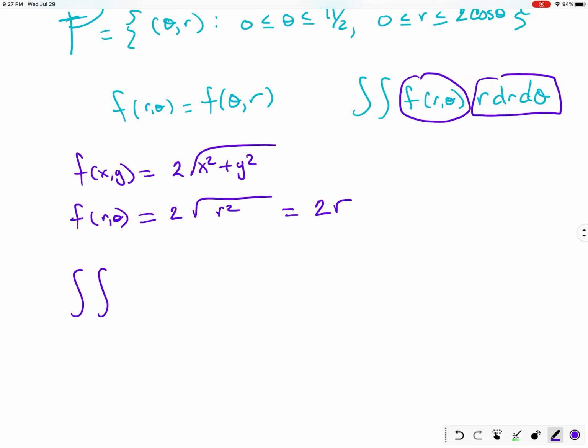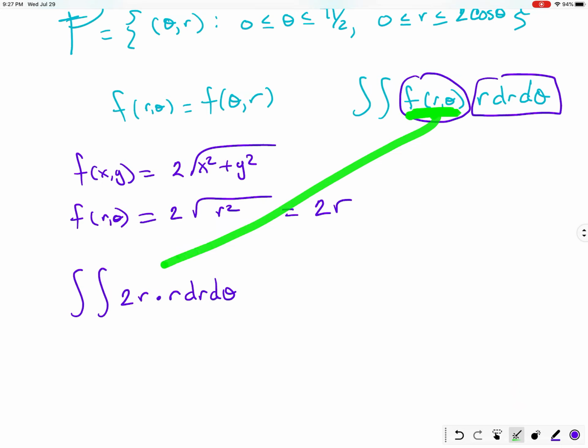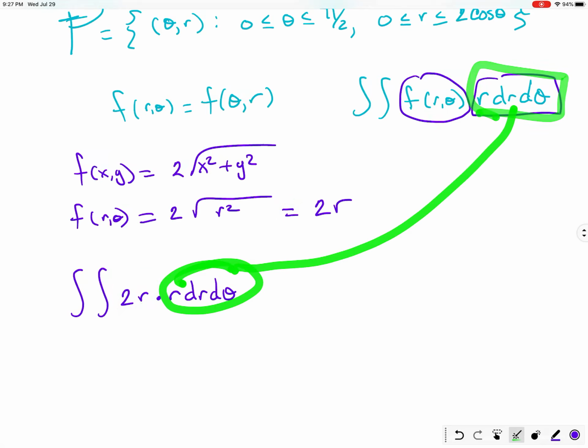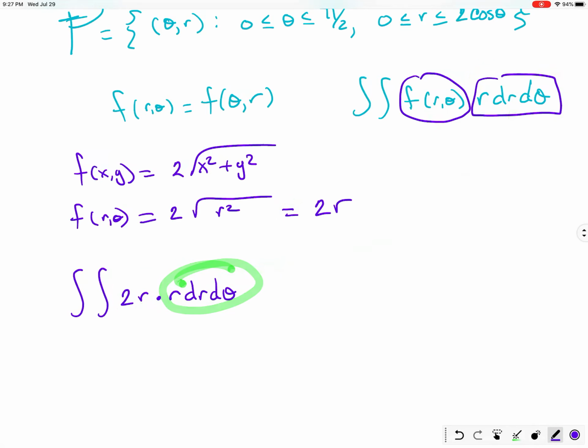All right, so now we're all done. So I take the double integral of 2 times r, and then times r times dr d theta. So this part is right here, and this standard substitution is this part, and my r runs between 0 and 2 cosine of theta, and my theta runs between 0 and pi over 2.